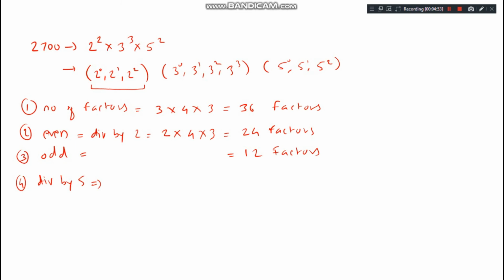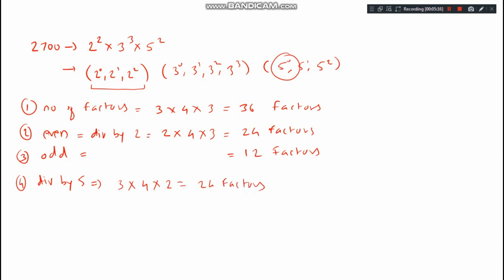Out of 3 numbers available, one is not divisible by 5, which is 5 to the power 0. So I will exclude that, which means I am left with 3 from the first bracket, then 4 from the second bracket, and 2 from the last bracket, which gives me 24 factors. So a total of 24 factors are divisible by 5.